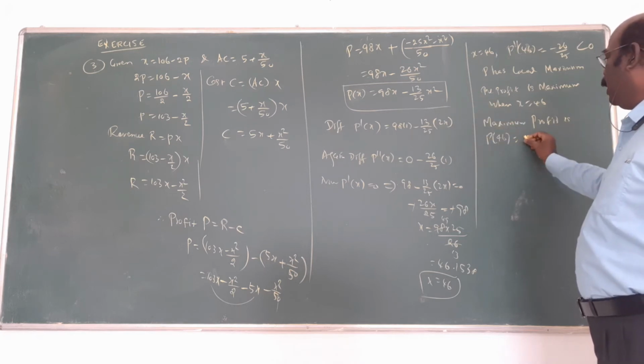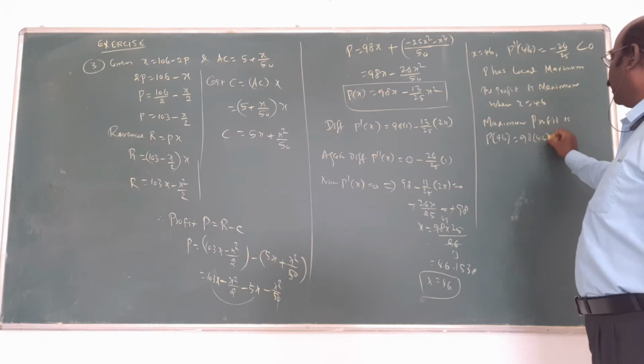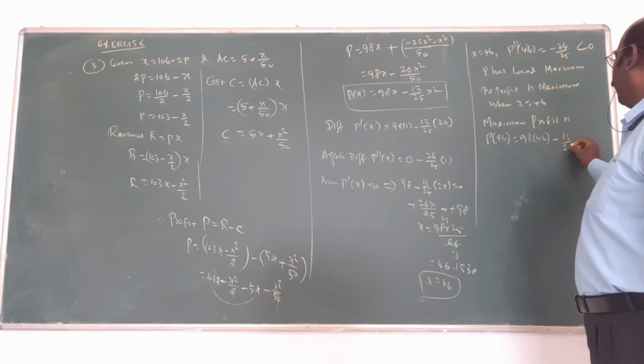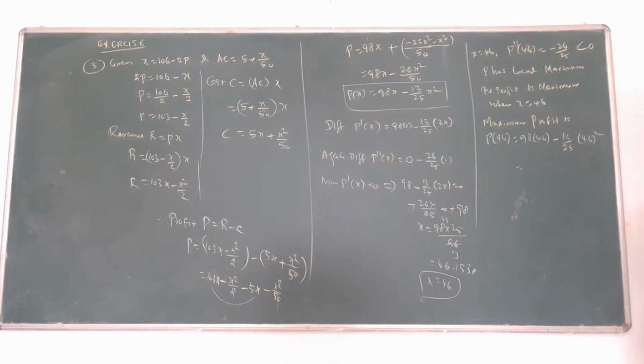Equal what? 48 into 46 minus 13 by 25 into 46 square. Am I right? Now, once again, we use the calculator, simplify, we get the answer. Here, 48 into 46 is 2208. Now, 46 square into 13 divided by 25, we get the answer 275,508. Now again, use the calculator, divide by 25, we get the answer.